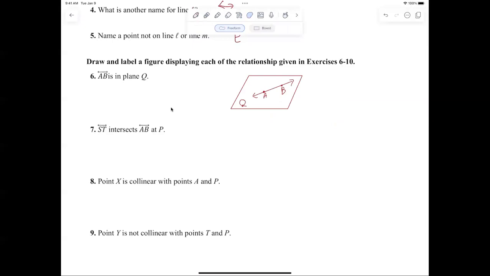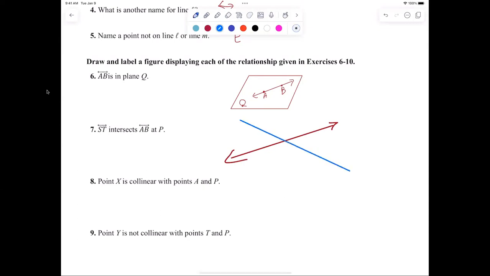All right, let's try 7. ST intersects AB at P. Yes, you have to draw 2 lines, and they intersect at P. Something similar to that.